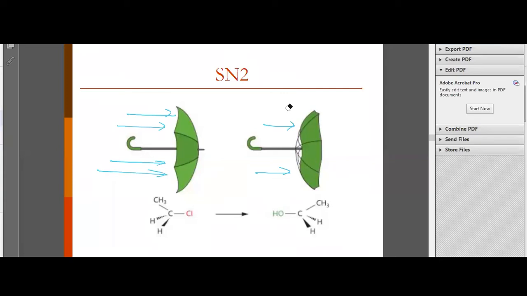So why does it have the inversion configuration? Because OH minus attacks at this position, so these three groups will be inverted to this side.